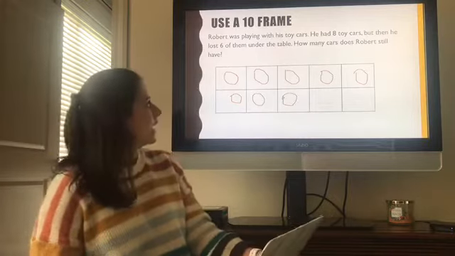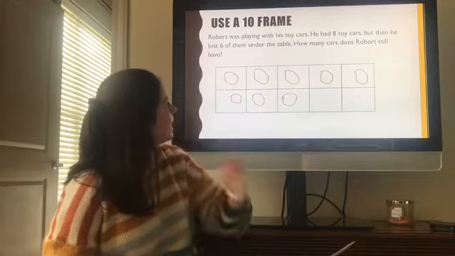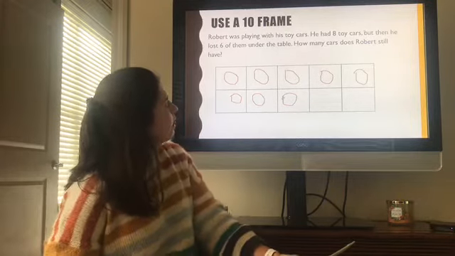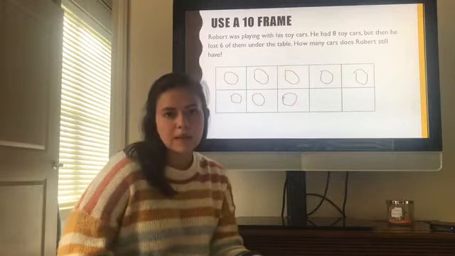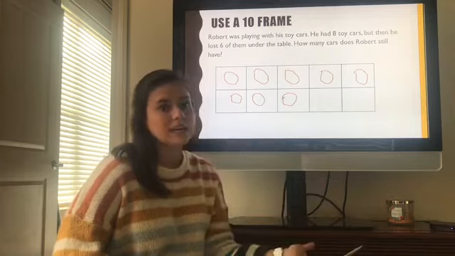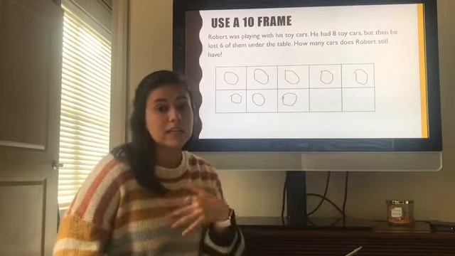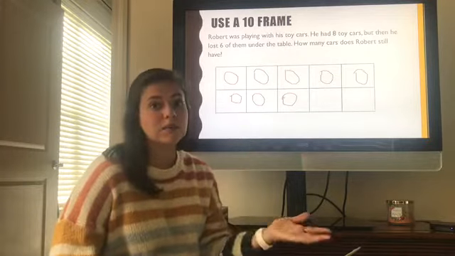These 8 circles show the 8 toy cars that he had in the beginning. Then he lost 6 of them. So we need to stop and think, are we adding some more cars, or are we taking some away because he lost them? We would be taking them away, so we're subtracting.